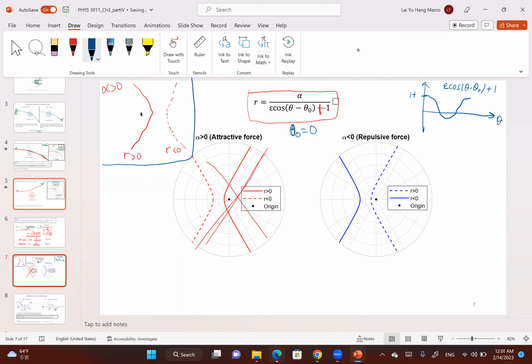This is 1 plus epsilon, and this is 1 minus epsilon.